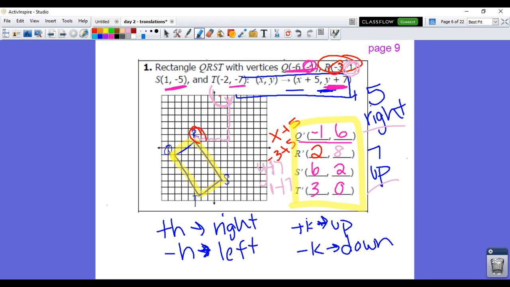So basically what we're doing is if we plotted these on our graph, so that would be Q prime, this was R prime up here, and T prime would be at 1, 2, 3, 0, and then S prime is at 1, 2.